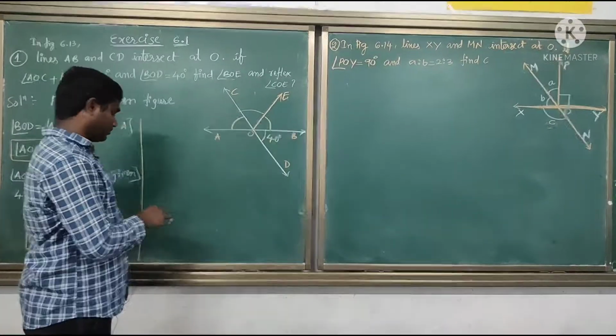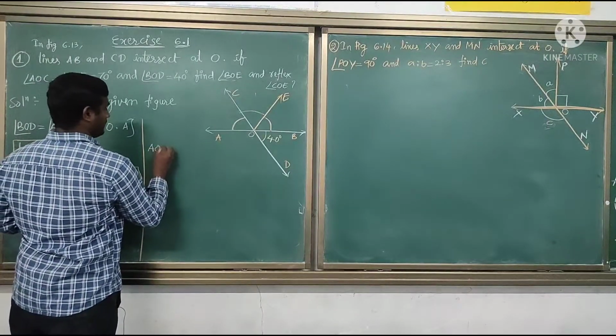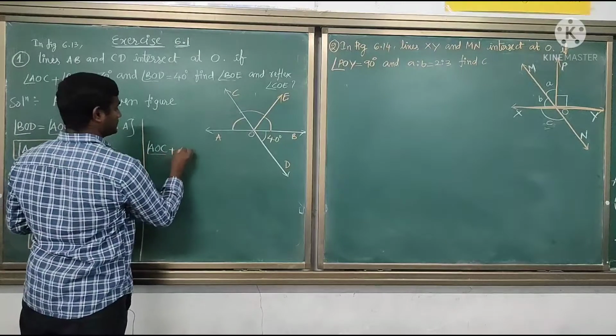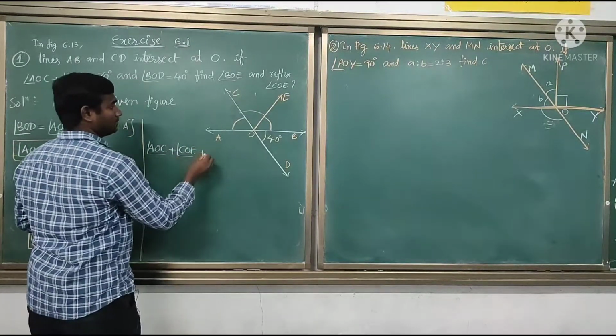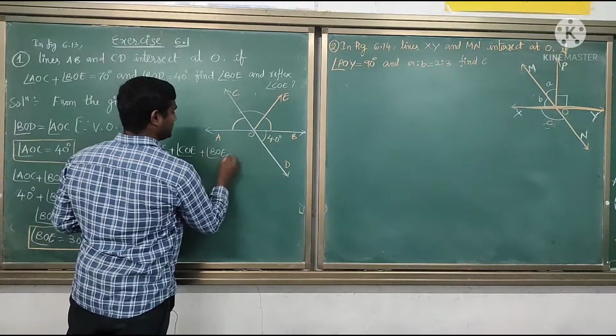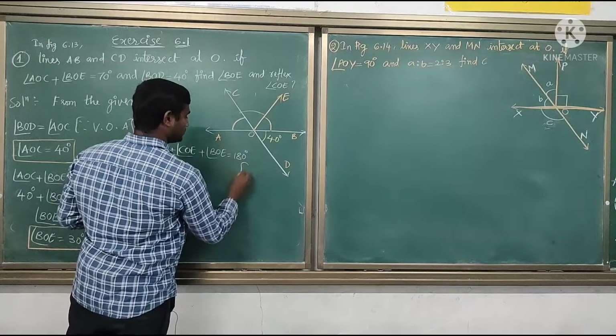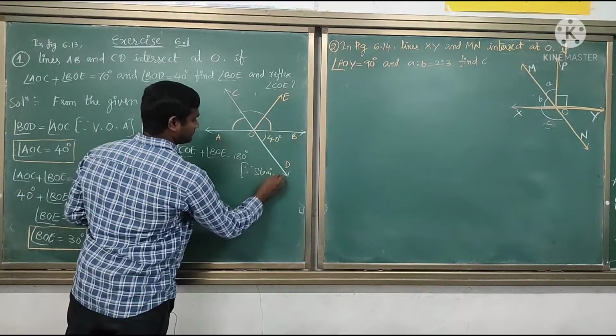So from the figure, angle AOC plus COE plus BOE equals 180 degrees, because those form a straight angle. What is the reason? Straight angle.